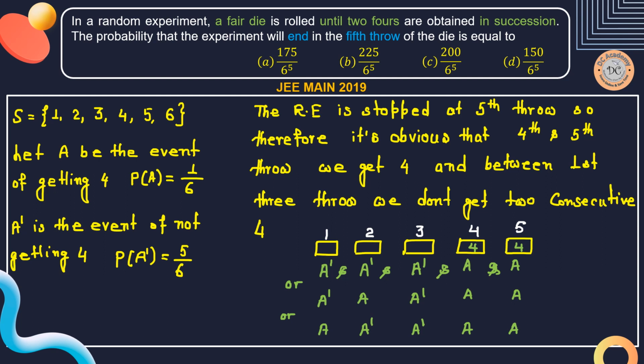So therefore we can say that the required probability in this particular case, if we go ahead and write, let A be the required event. Then in that particular case, we can easily rewrite the probability of these events.